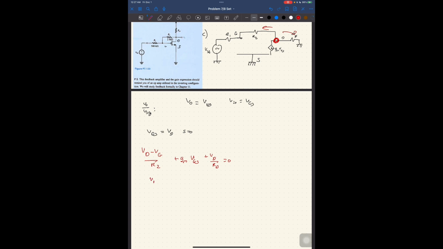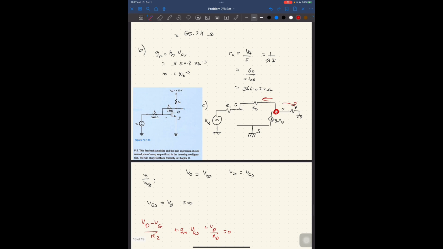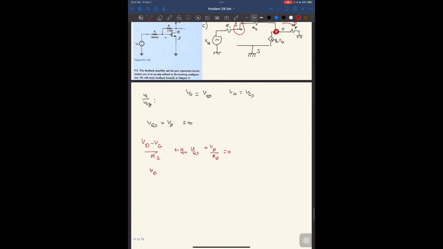And so VS here is 0. So I could say that VG here is this spot, right? So that VD minus VG over R2 plus gm VG plus VD over RD is equal to 0.